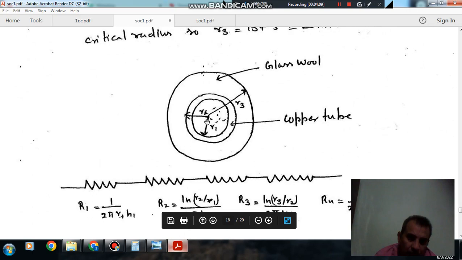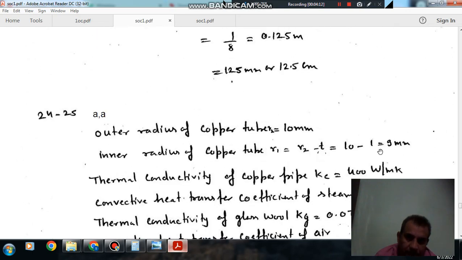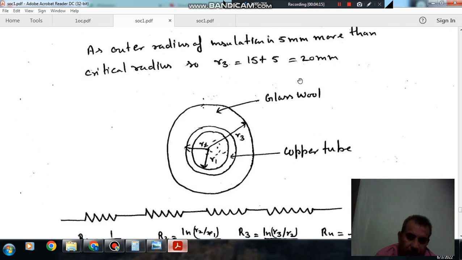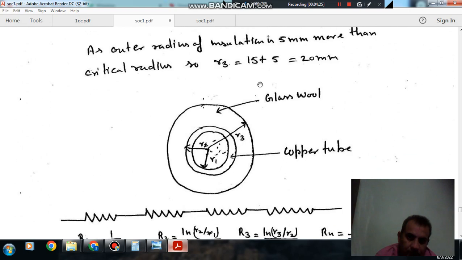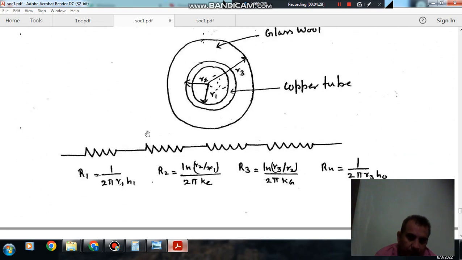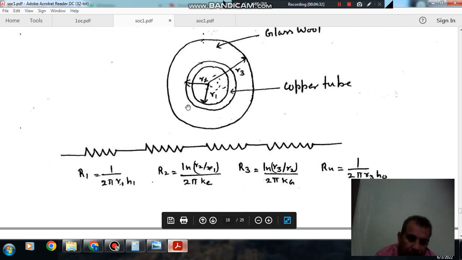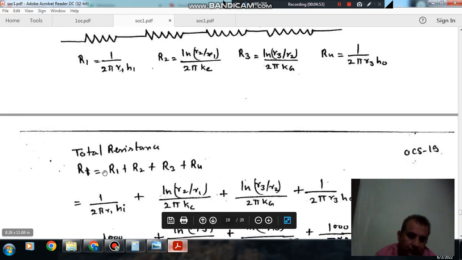Okay. So now R1 is 9 mm, R2 is 10 mm, and R3 is 20 mm, because this is the inside of the copper tube, this is the outside of the copper tube, and this is the outside of the insulation. Now, the resistances: the first is the inner convective resistance, the second is the resistance of the copper tube, the third is the resistance of insulation, and the fourth is the outside convective resistance.